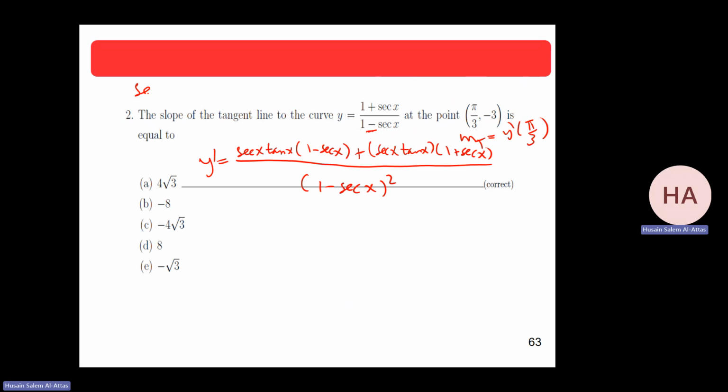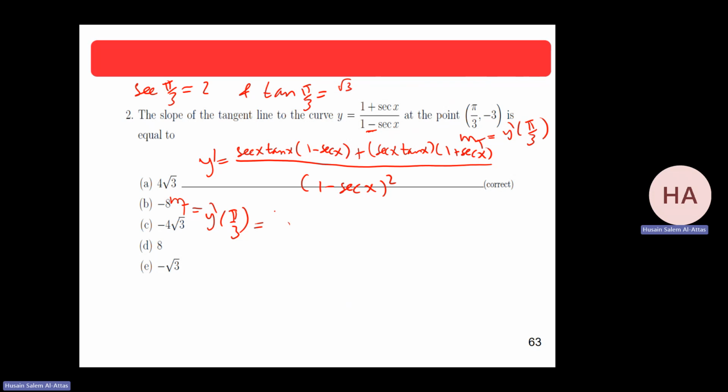Okay, now secant pi over 3, it will be 2, and tan pi over 3, it will be what? Tan pi over 3, it will be sine pi over 3, square root 3 over 2, over half, that will be square root of 3. So that y prime at pi over 3, which is the slope, will be what?